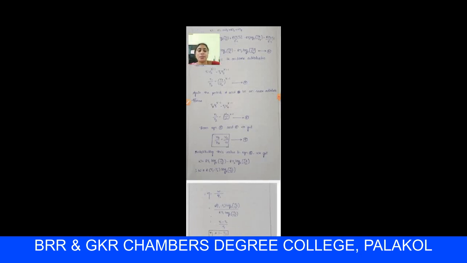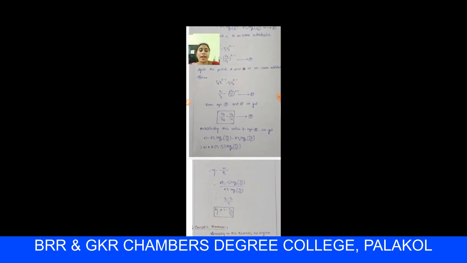Then T1 by T2 is equal to (V4 by V1) whole power gamma minus 1. From equations 7 and 8, we can write V3 by V4 equal to V2 by V1. Substituting this value in equation 6, we can write the work done as R(T1 minus T2) log V2 by V1 to the base e.